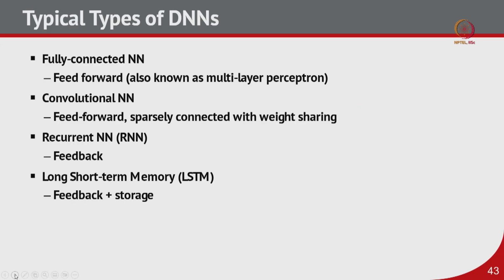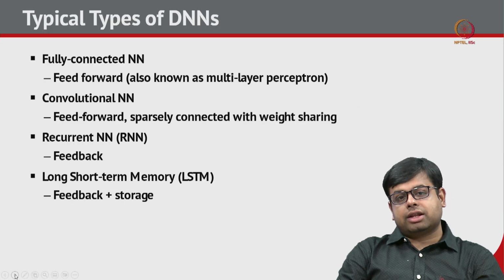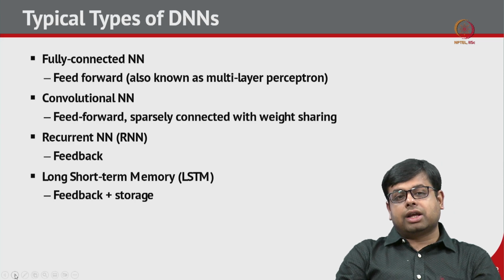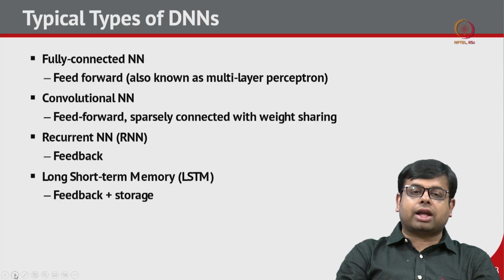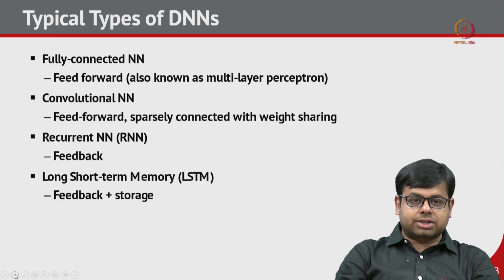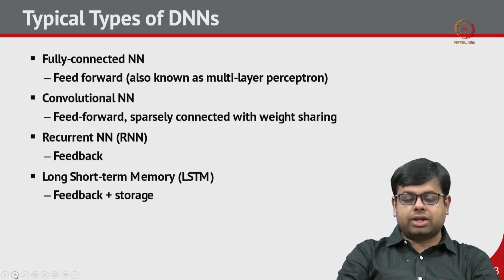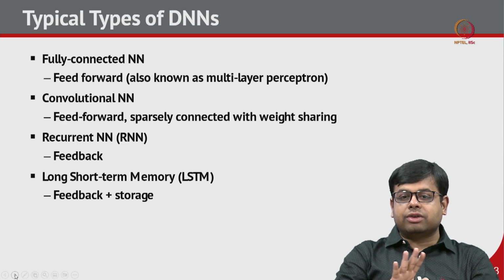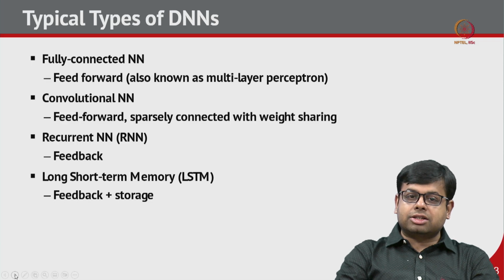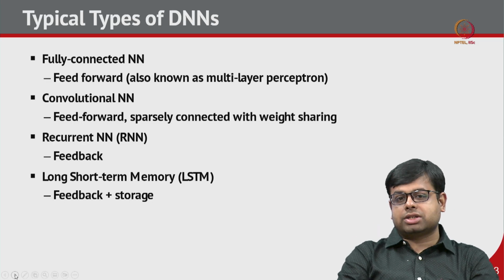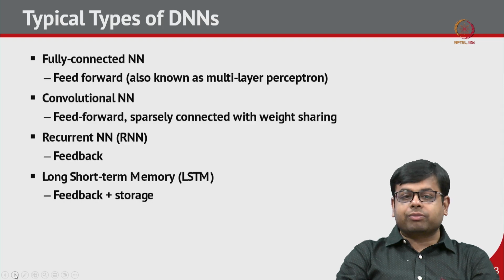Now, as I was saying, there are different types of DNNs. We have the fully connected neural network. They are like feed forward networks and are known as multi-layer perceptron. We already saw what a multi-layer perceptron is and how it works. Then we have the convolutional neural network, which is feed forward only and sparsely connected with weight sharing. We will soon see how convolutional neural networks work.